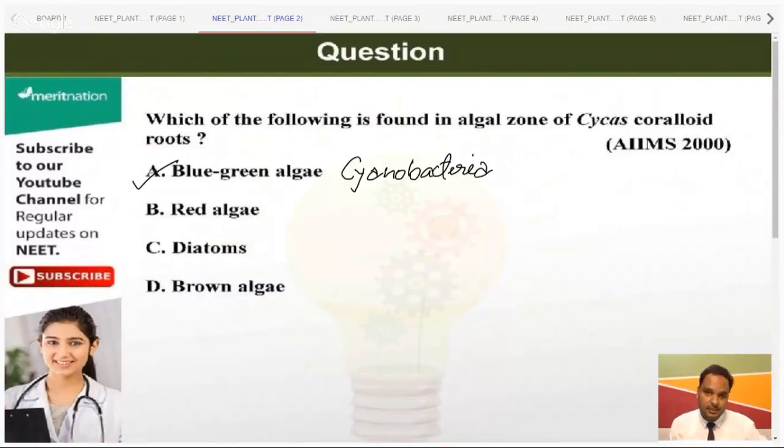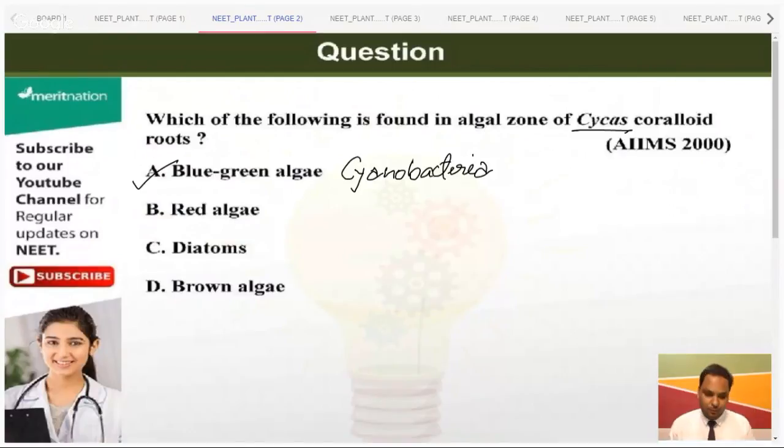And it's a characteristic feature of the Cycas group. It's not a single plant, but a whole group. So Cycas belongs to which group of the plant kingdom? Bryophyte, pteridophyte, gymnosperm, angiosperm?